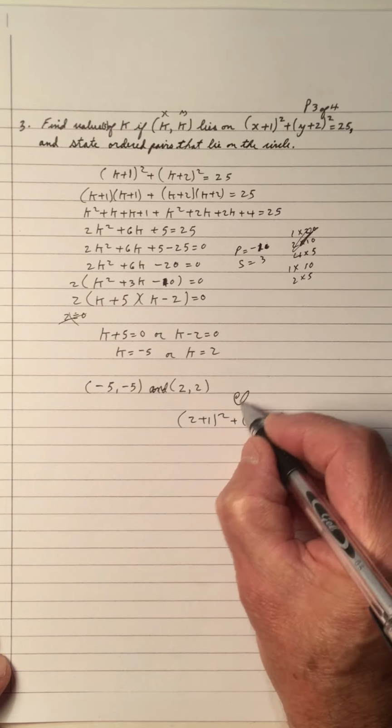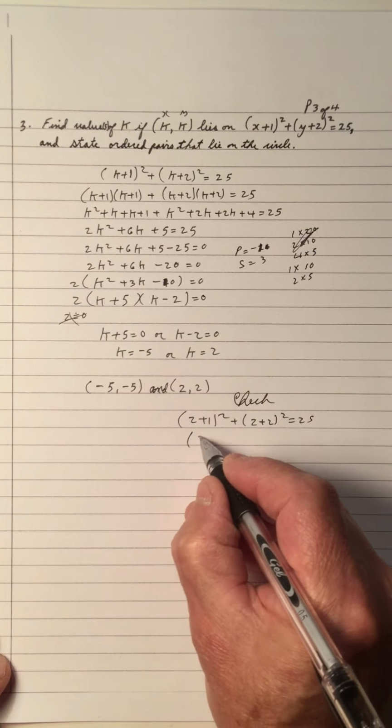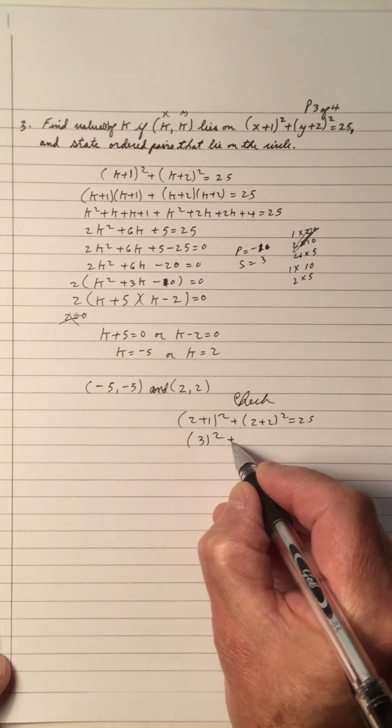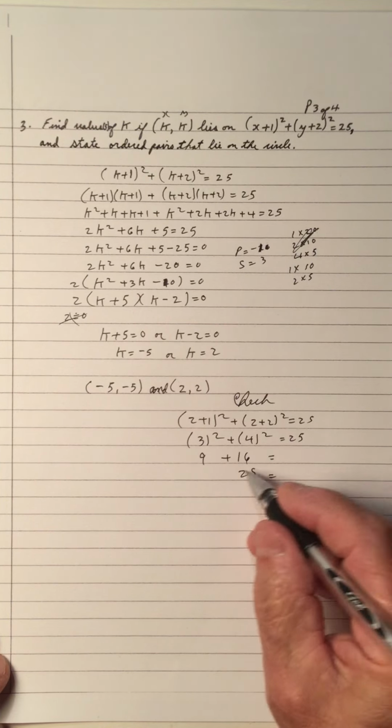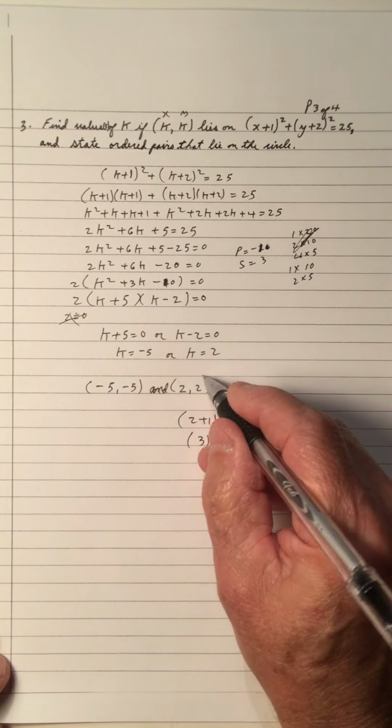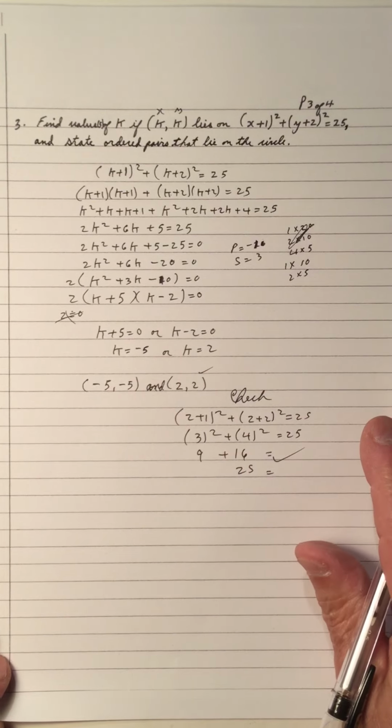I'm just going to check one of them, just to make sure. 3 squared, 4 squared, 9 plus 16, 25. So 25 on each side. So if 2, 2 is right, we can say probably that negative 5 is right. So just a quick check.